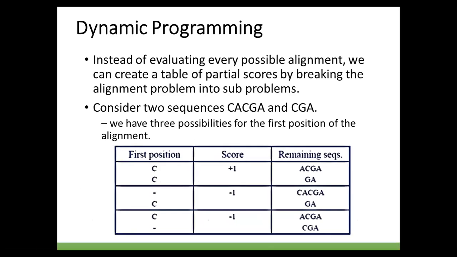So if you consider these two sequences, CACGA and CGA, how many possible ways of aligning this?